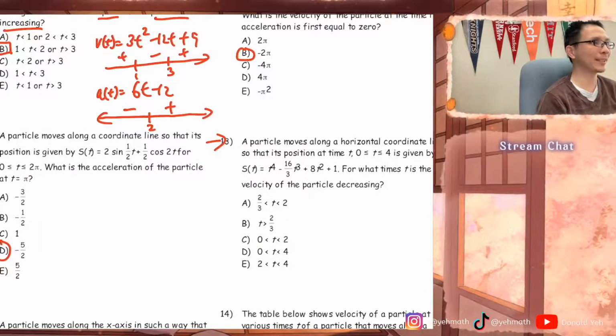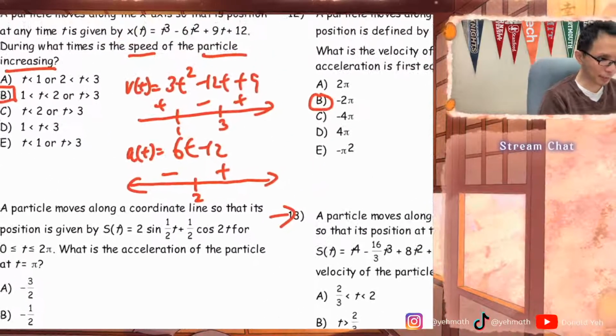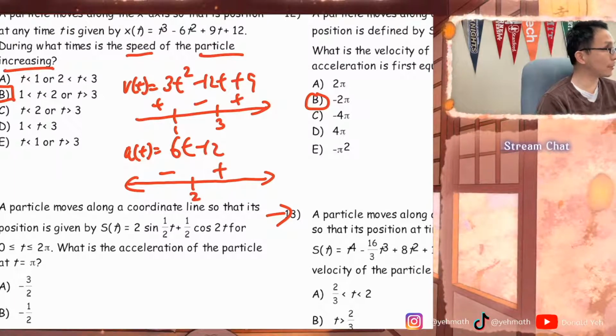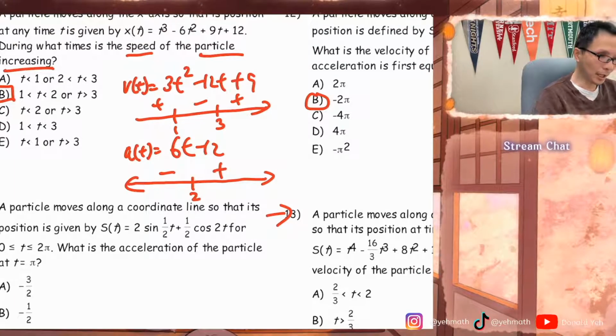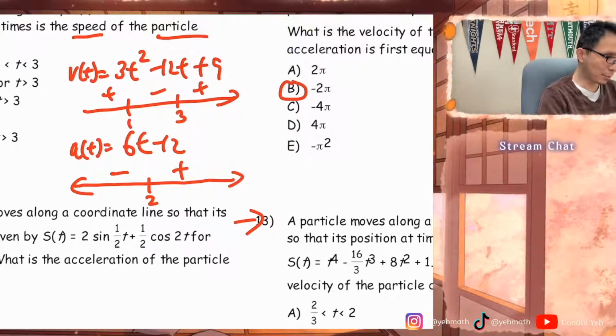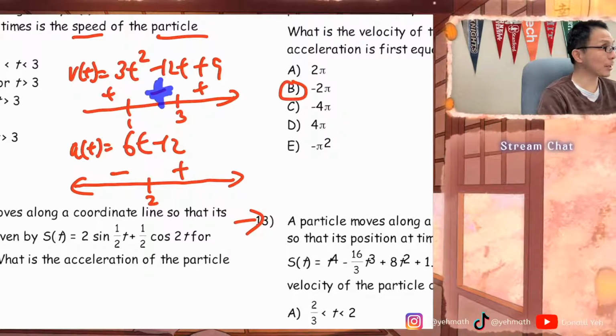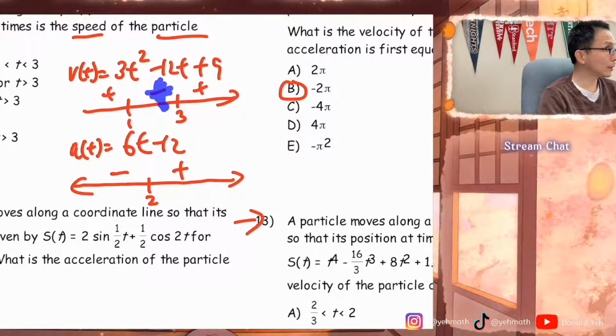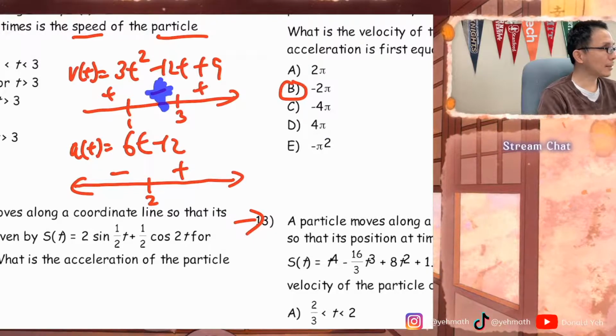Well, here's a part a lot of people confuse, right? Yesterday we said speed is equal to absolute velocity. We spent the whole period talking about this. So people say, well, can it just be positive, because this is absolute value, right? Does that make sense?